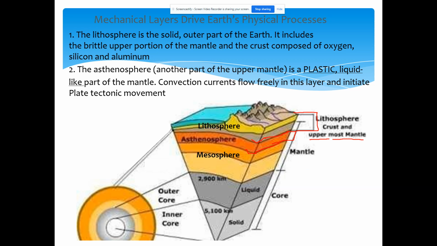And because of those convection currents, we can get this upper layer, the lithosphere, floating around, kind of like if you're floating in a pool, and it's not really fixed in space, but the lithosphere kind of floats around on top of the asthenosphere. These are going to be 2 very important layers of the Earth when it comes to thinking about the dynamics of the surface of the Earth and plate tectonics later.